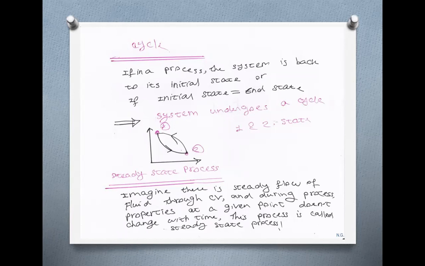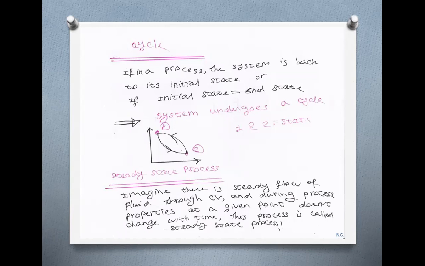You are sitting at this given point, imagine, and you have a piece of paper and you're writing down the values of properties at this fixed point in the flow field. You have the very first column as time, T1, T2, T3, T4, T5. And the second column, let's say, shows temperature. The third column shows pressure. Temperature at A, pressure at A, the very same point that you are sitting.